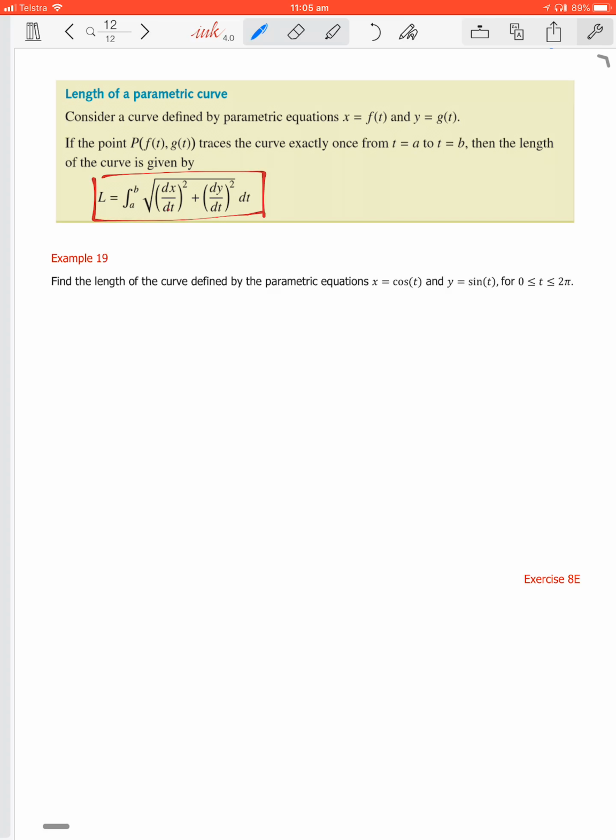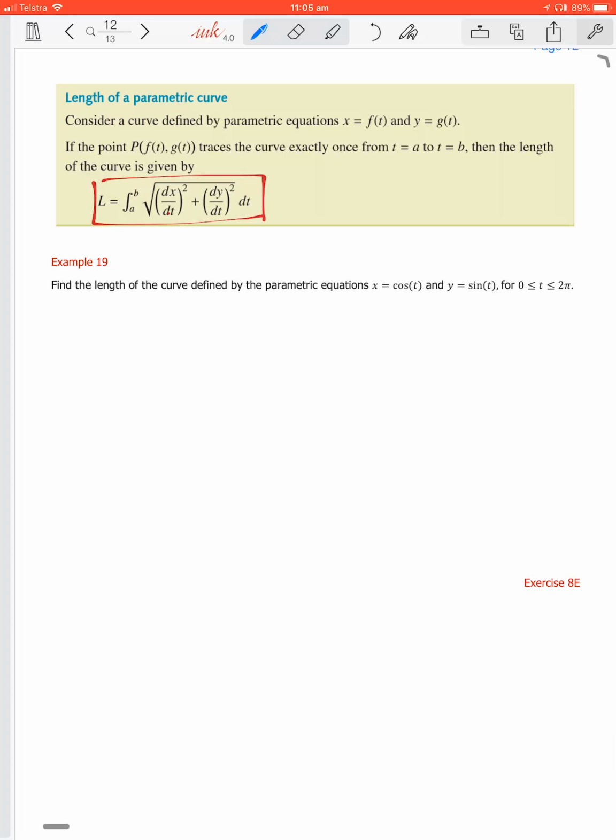So it's basically just Pythagoras' theorem. The change in your x values plus the change in your y values, and then the square root of that, and then adding up. So if we had a curve, we'd be adding up these little chunks of lines infinitely, and that makes up the length of the whole thing.